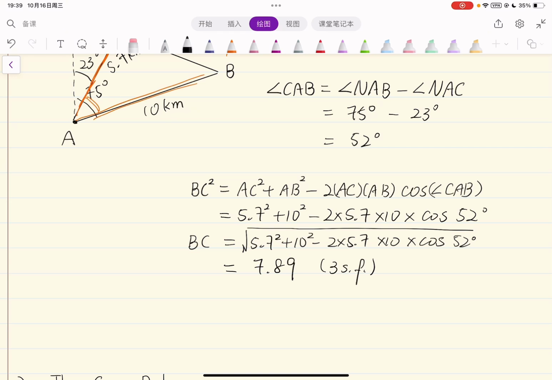In this case, we write down that C is 7.89 kilometers away from station B.